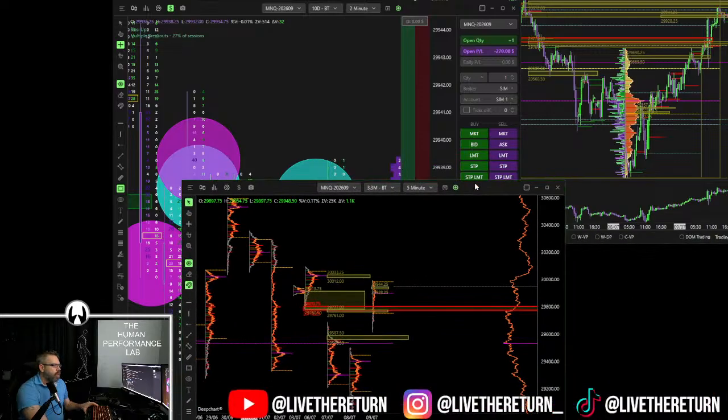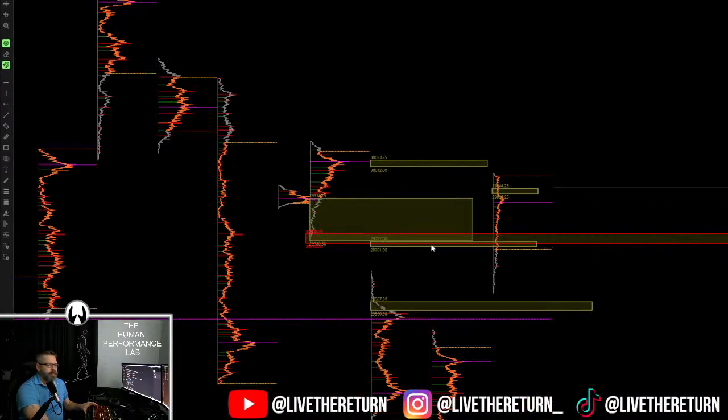Now, how does that correlate to this? This is our daily perspective, but only the US session. We gapped up, came in and tested these highs. Now look at this profile. We kind of have a double distribution, but today was a very low volume day. This was a high volume day.